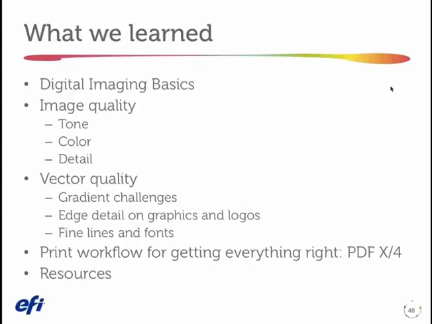All right, let's review. Today we talked about digital imaging basics, how we compose a page from images, vector graphics, and fonts, a little bit about each of those things.